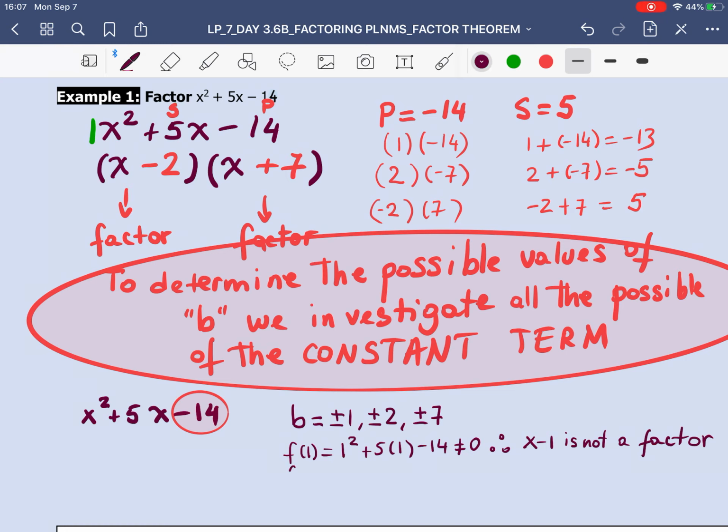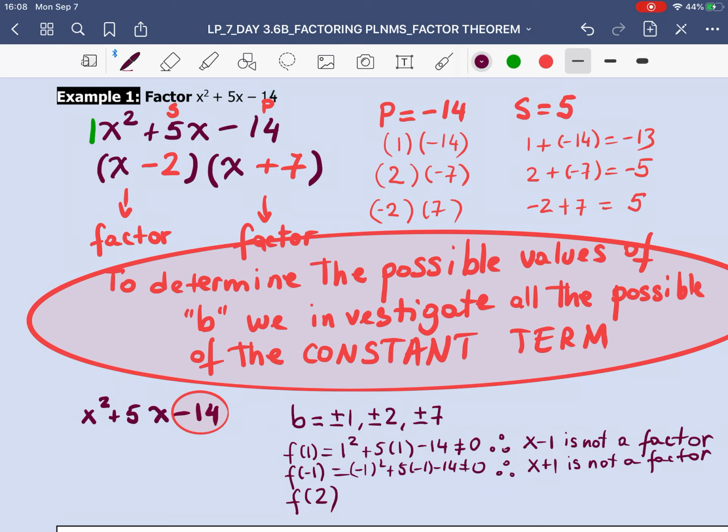And then we search for f of negative 1. You don't really have to show all this work in writing. You can simply use a calculator for it. So we go negative 1 squared plus 5 times negative 1 minus 14. Again, different than 0. So x minus negative 1, which turns into x plus 1, is also not a factor.